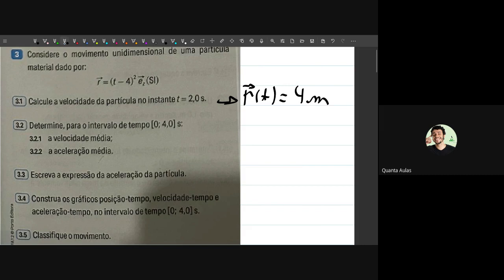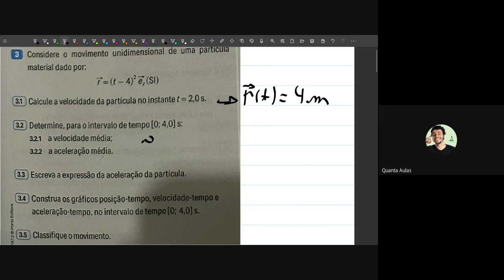2. Determine for the interval 0 to 4 the mean velocity and mean acceleration. You need to know the equation of the mean velocity and mean acceleration. But it's an easy equation.